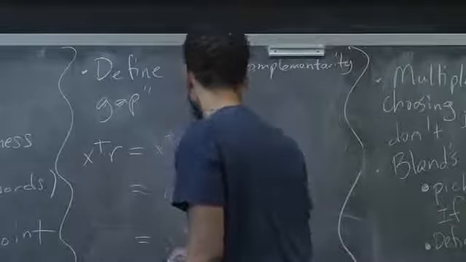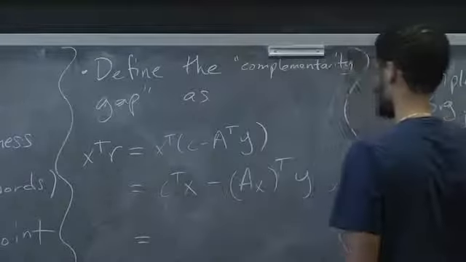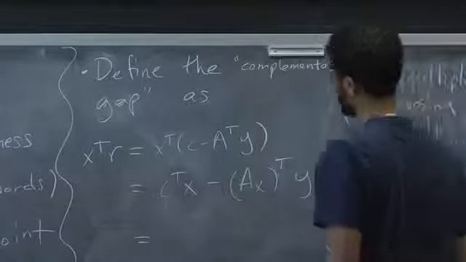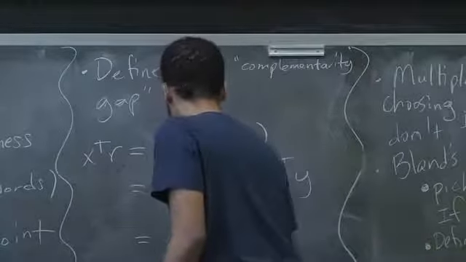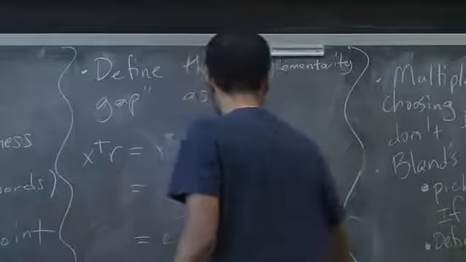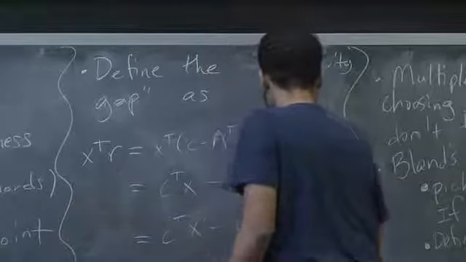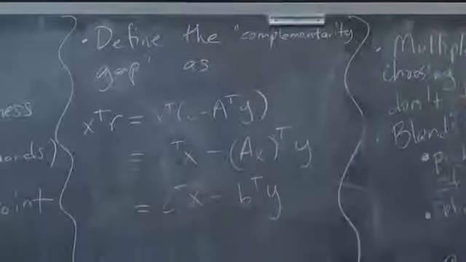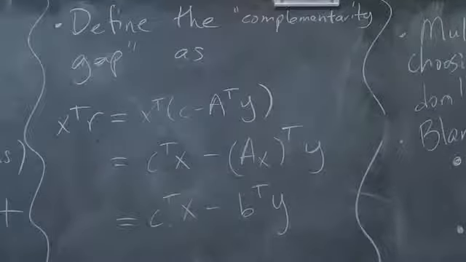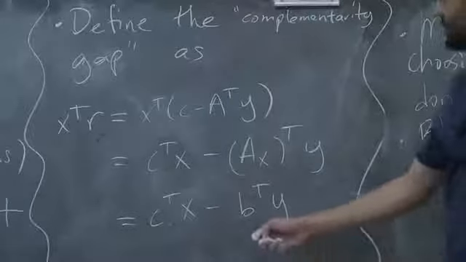And this is just C transpose X minus B transpose Y. So at optimality, we know that this is 0.